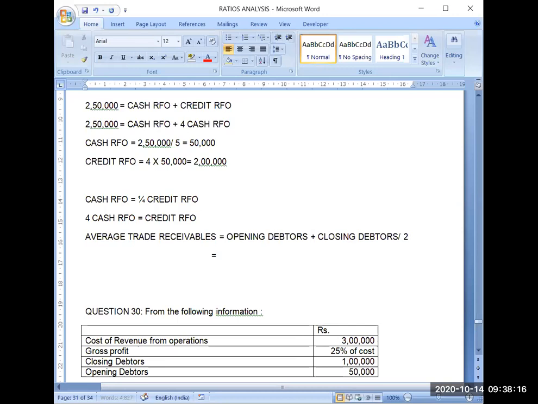In current ratio, you will be deducting provision for bad debts, but here you will not be deducting any provision from the value of debtors.